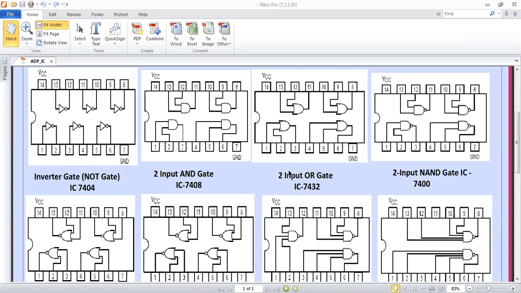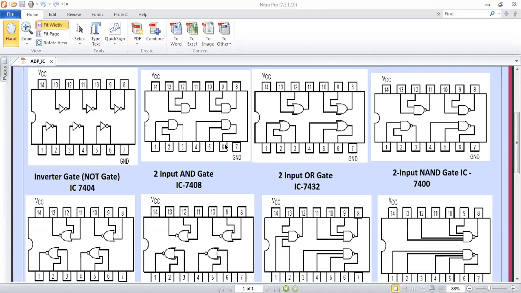That is going to be explained in this lecture. IC means integrated circuit. Here we are going to learn every gate IC and how we can connect them using the gate ICs. That will be explained by me over here.